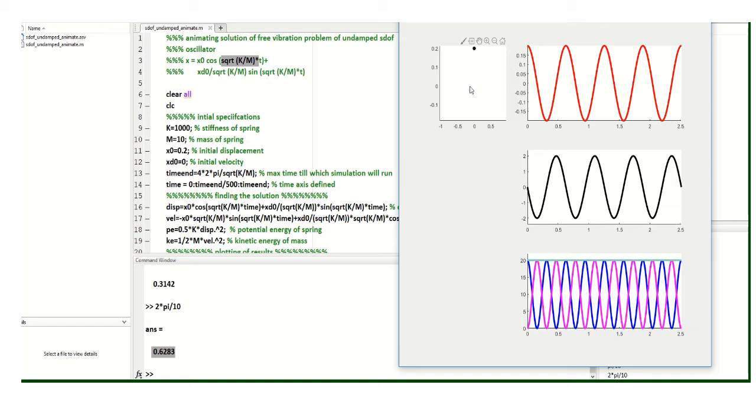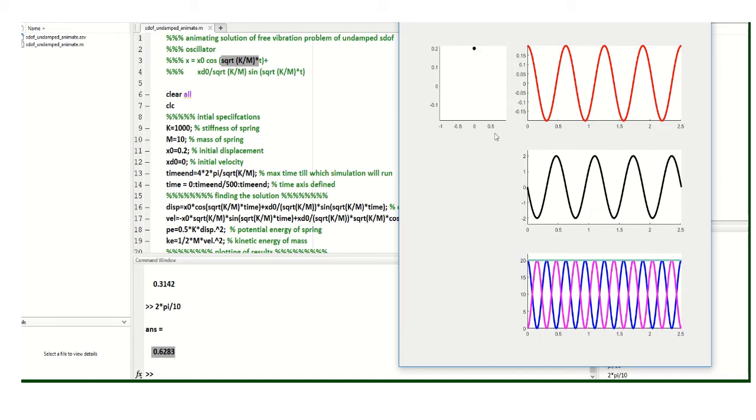Because of the spring's extension and compression, potential energy is changing. The system's potential energy will keep on changing with the motion of the mass.